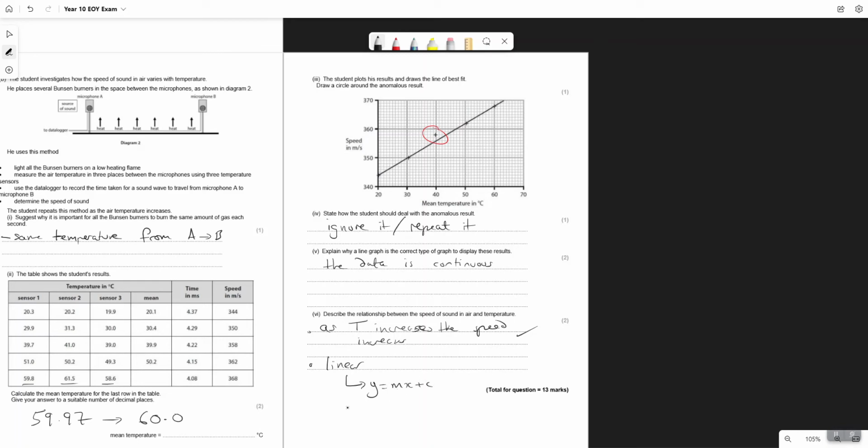Proportional is just y equals mx. So that would go through 0, 0. This doesn't. It is not proportional. It is a linear relationship. The mark scheme said reject if you talk about it being proportional. So just be aware of the difference between the two things and when to use the term in physics.